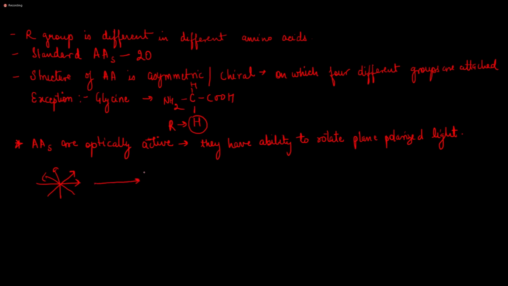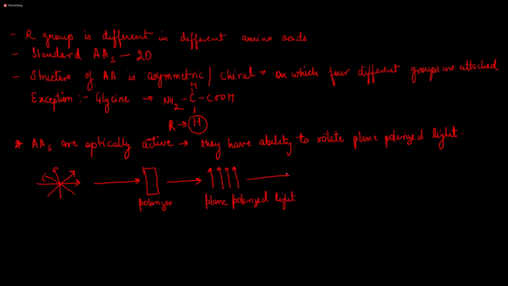But when you pass this light through a special material called a polarizer, the polarizer allows only light of a particular direction to pass through it. So the light that passes through the polarizer will be in a particular direction. This light is known as plane polarized light, because it is in the same plane.